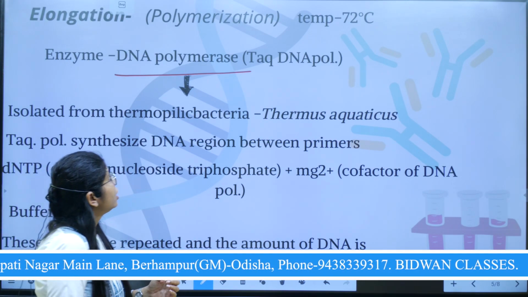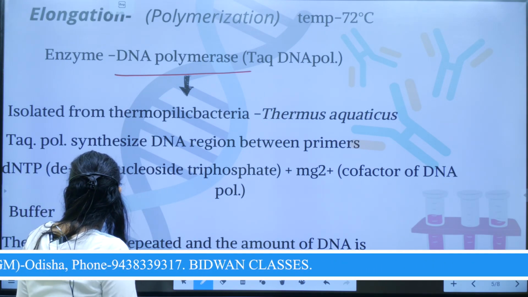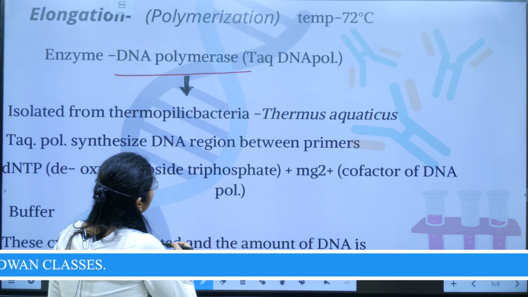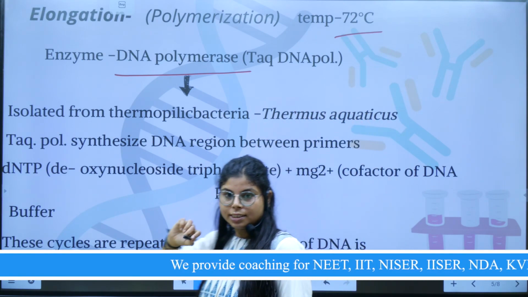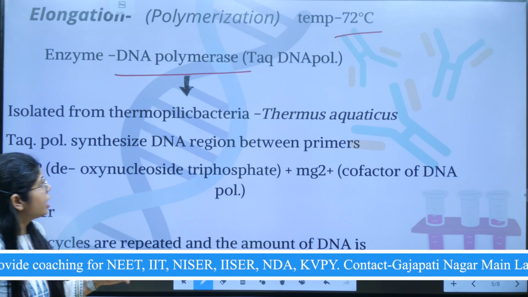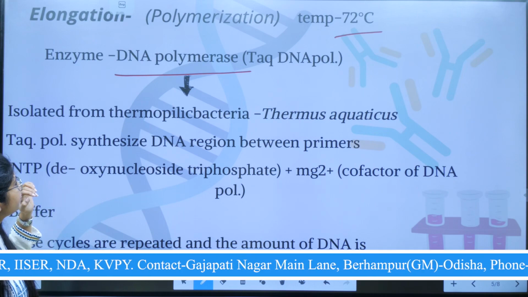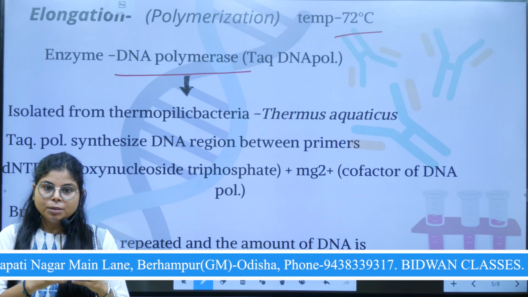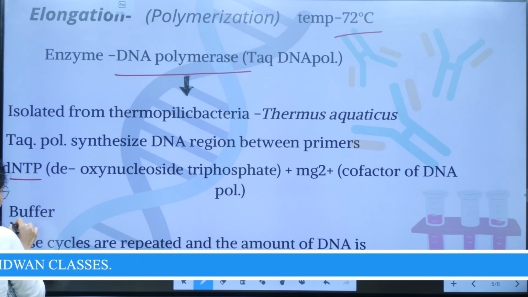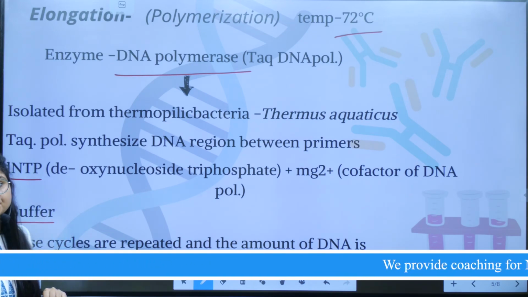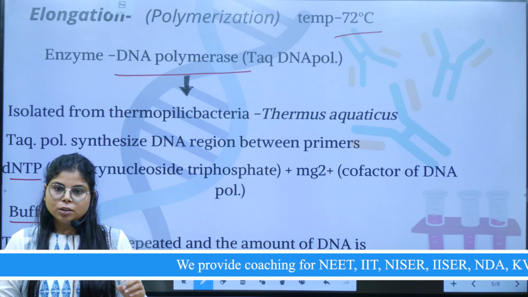Now this reaction is carried out at a temperature of 72 degrees Celsius. At this temperature, we provide the DNA polymerase, the dNTPs, and the buffer to carry out the reaction to extend the length of the DNA.